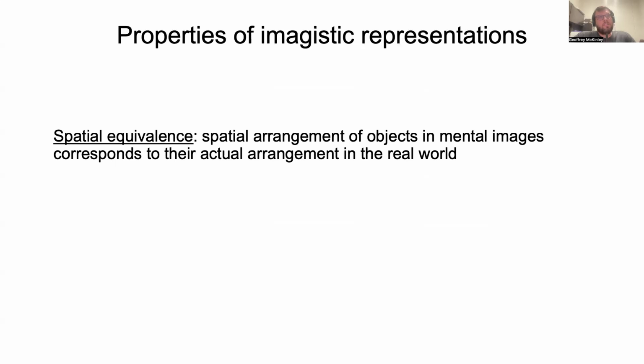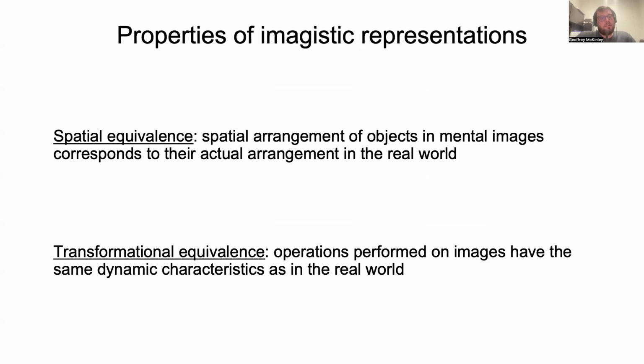So properties of imagistic representations, right? One of them is called spatial equivalence. The spatial arrangement of objects in terms of mental images should correspond to the actual arrangement in the real world. Another thing is that there should be transformational equivalence.